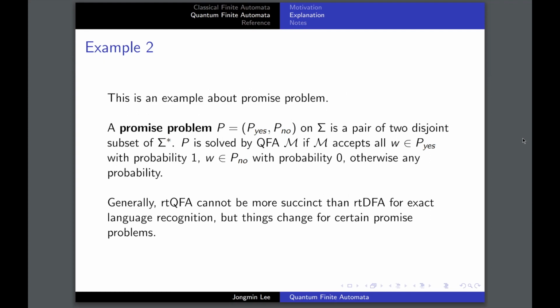Yes, in the general case, I think we can define the unitary operation well, then it would be equivalent with DFA, I think, but I don't know exactly. Sorry about that.